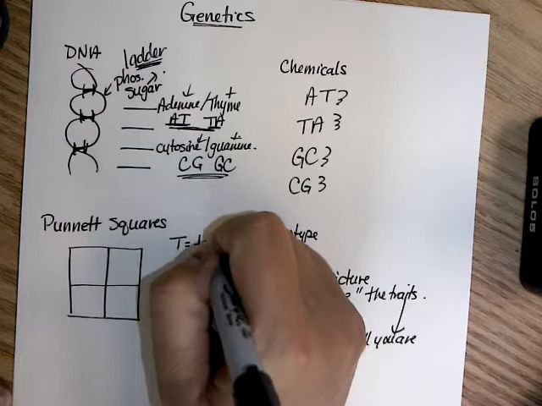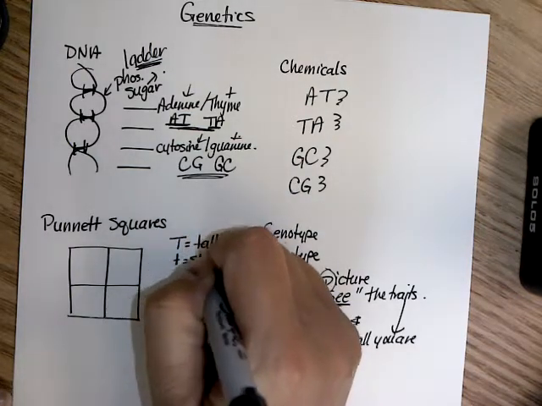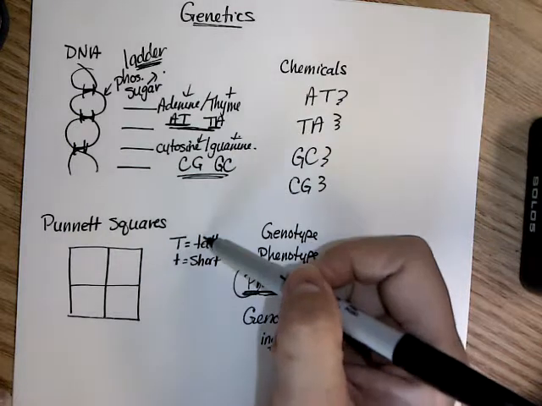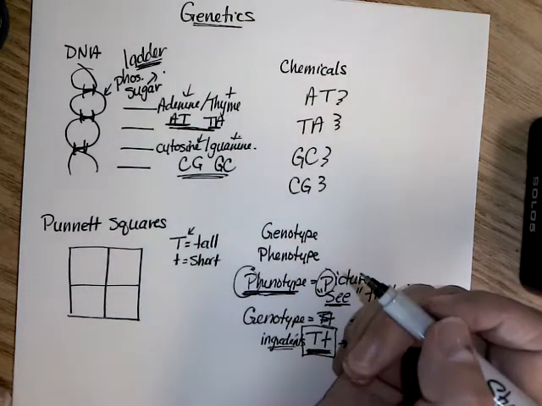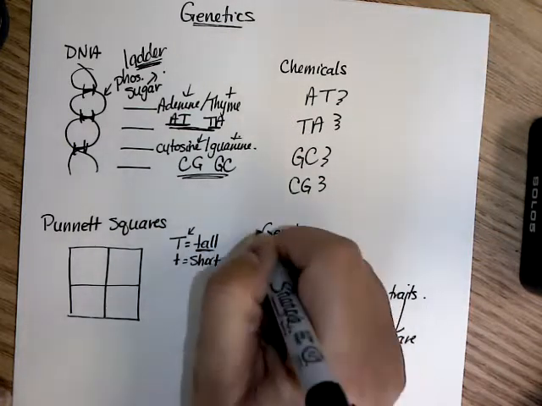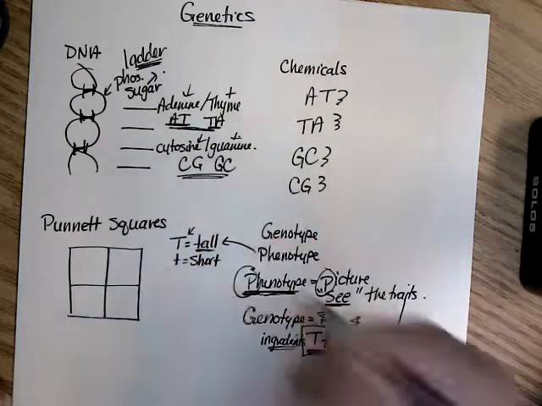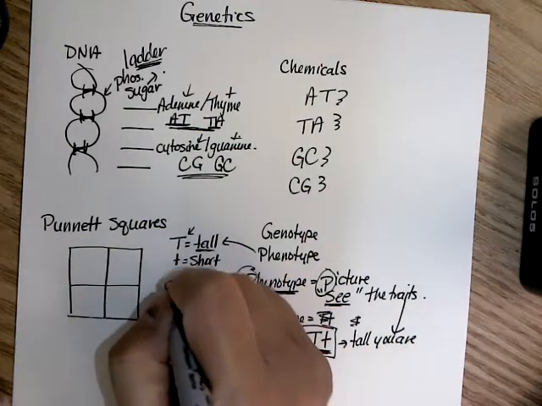Big T for tall, and I'm going to do little t for short. Dominant, recessive. If there is a big T in any of our combinations, the phenotype is going to be tall. So let's say I have a mom and dad.